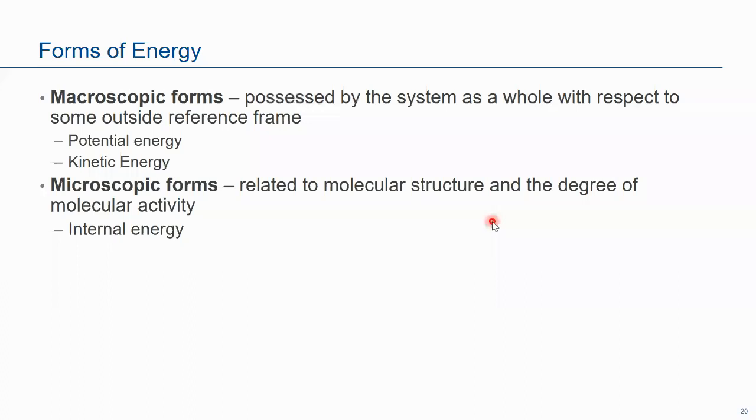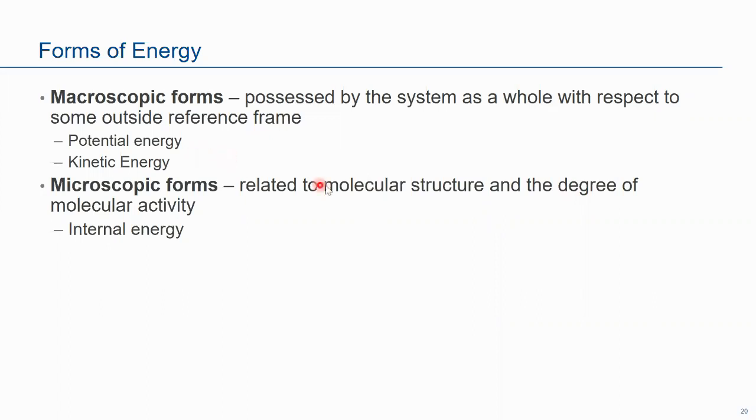So you will not really look into the molecular structure and the different molecular interactions sa loob ng system na yon. And there are two types of macroscopic forms of energy. So meron kang potential energy and kinetic energy.